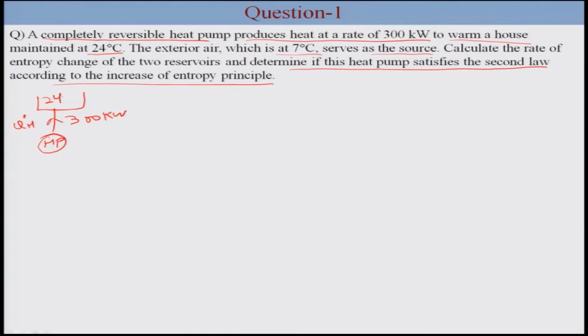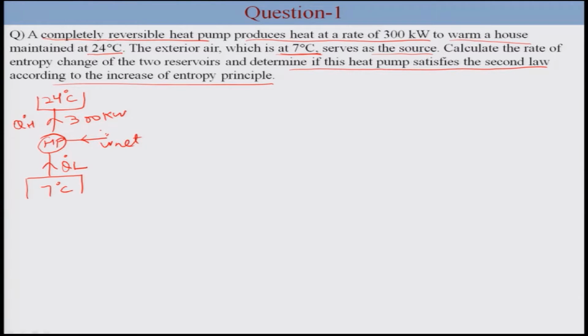The exterior air, which is at 7 degrees Celsius, serves as the source. So, it takes heat from the exterior air which is at 7 degrees Celsius. The rate of heat taken will be QL dot. Calculate the rate of entropy change of the two reservoirs. The rate of work input is W dot net.